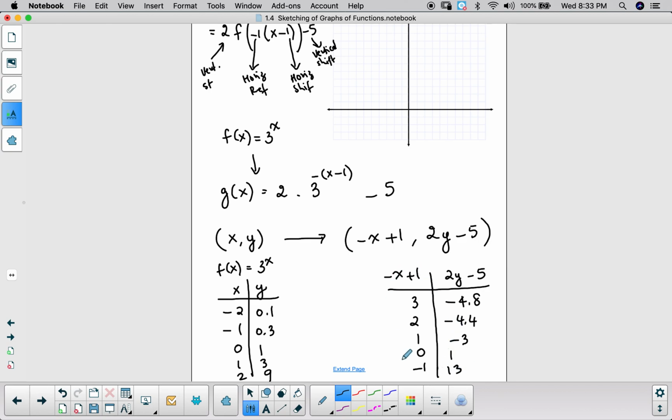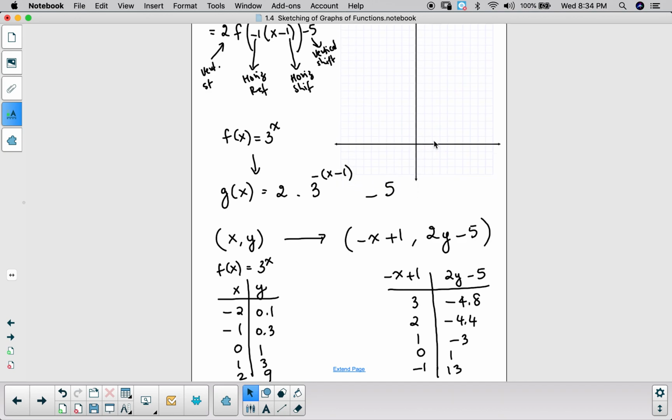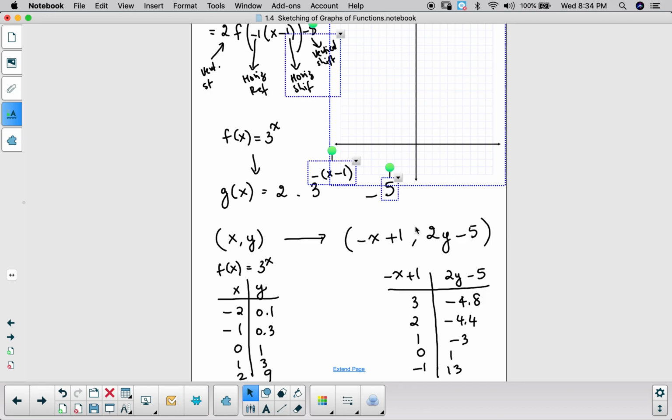Okay, so now that we have these points, we can go to our graph and plot these points here. So let's just move this graph. We actually find that there is a horizontal asymptote for this graph when you plot it.